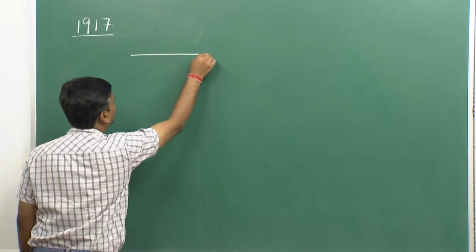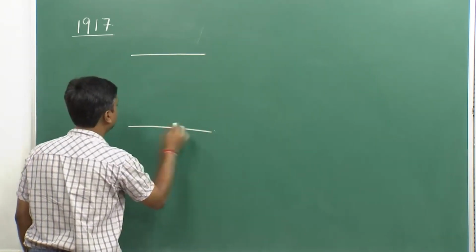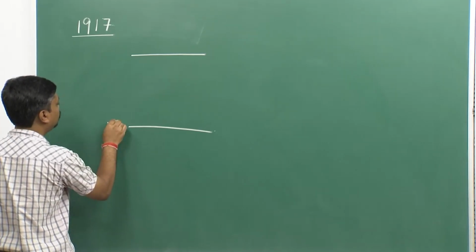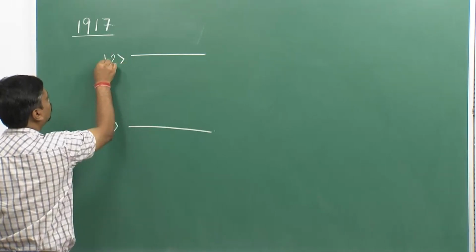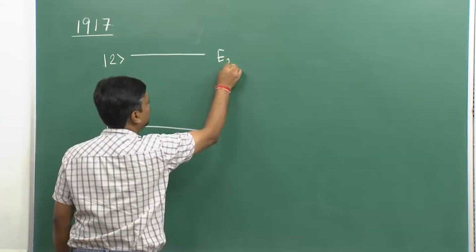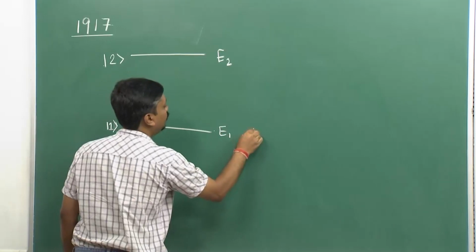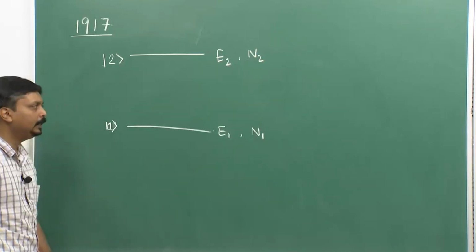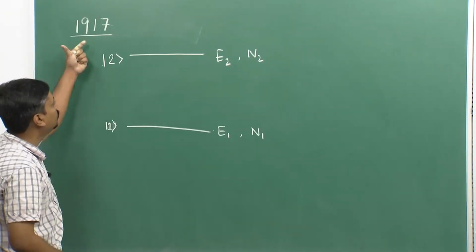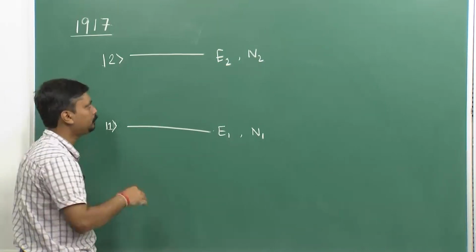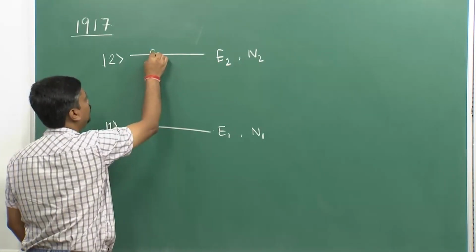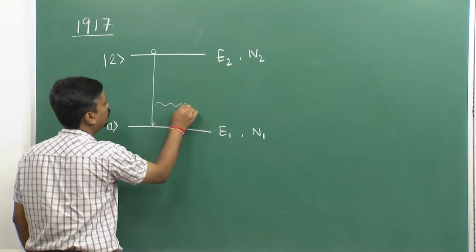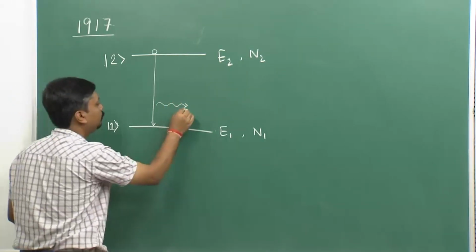If you take a two level system having the same energy, and let us take the same population, then Einstein stated in 1917 that, we had the process of spontaneous emission without any field, and you had the photon emission.